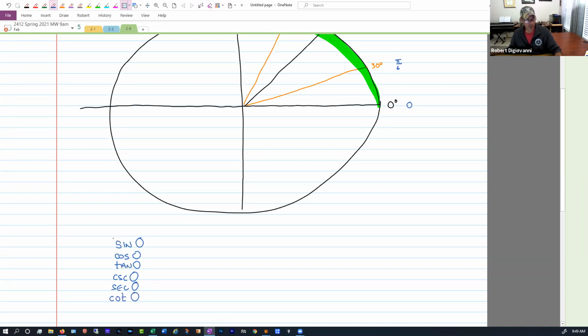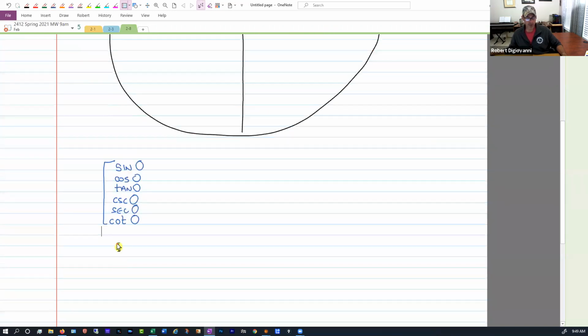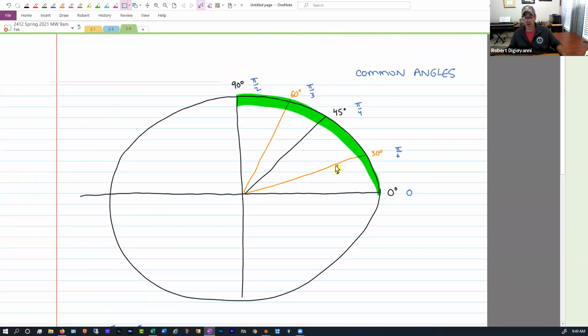All 6 trig functions, you need to know for each of these angles. What the book does is they just give you a table to memorize. That is not the way that we're going to do it.